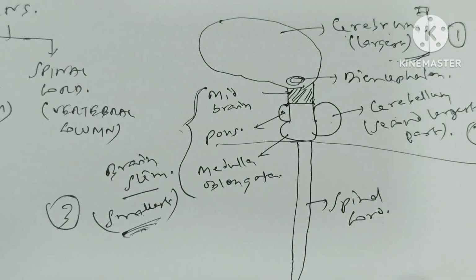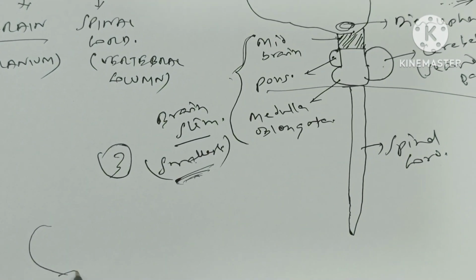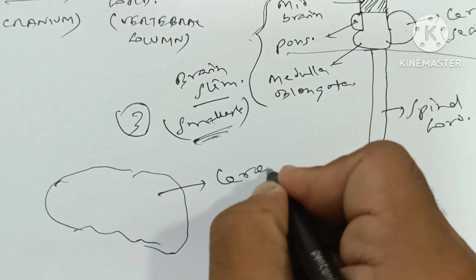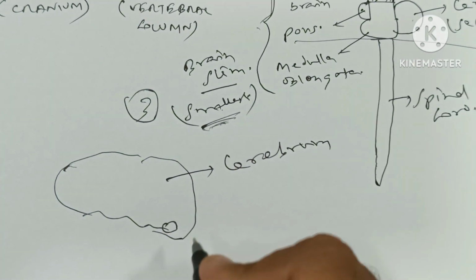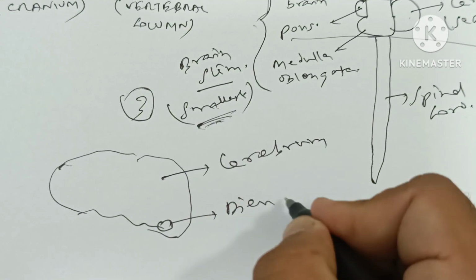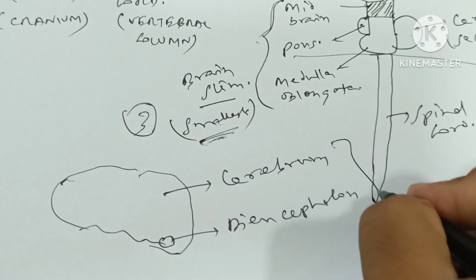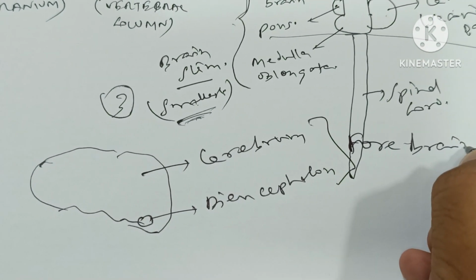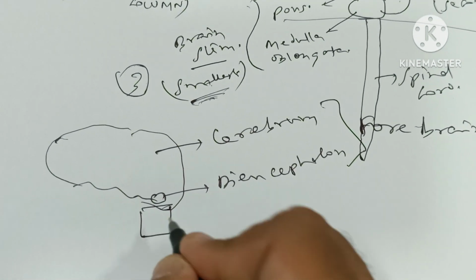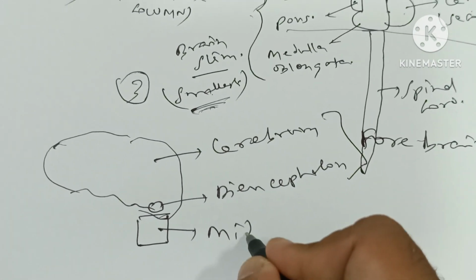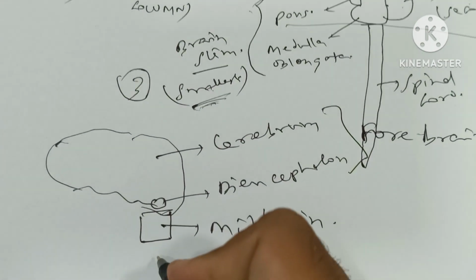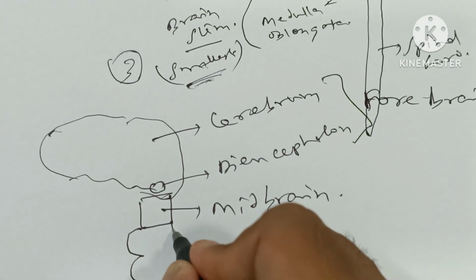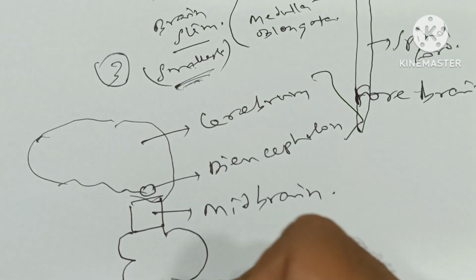If we classify the brain in a different way, this is the cerebrum, this region is the diencephalon, and this comprises the forebrain. Then below this there is a structure called the midbrain. Below the midbrain we find the pons, then the medulla oblongata, and on the back side the cerebellum.